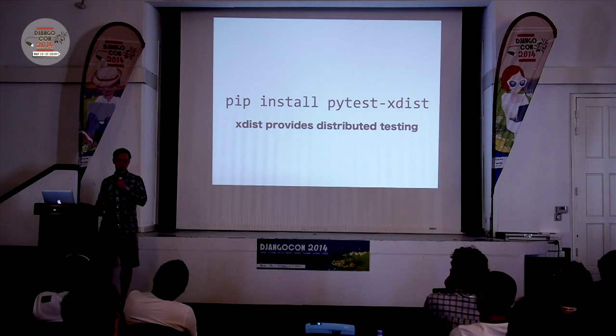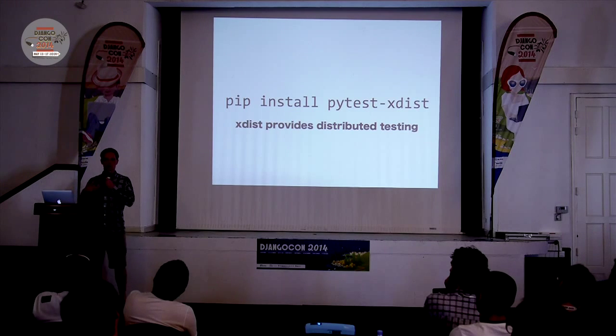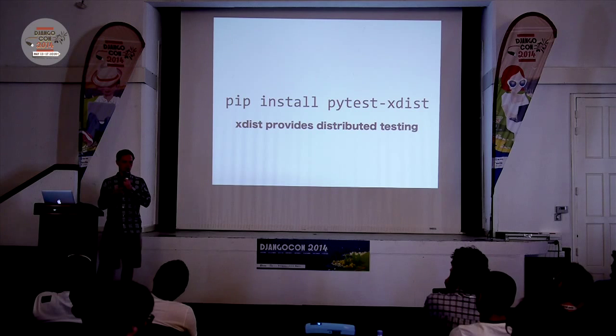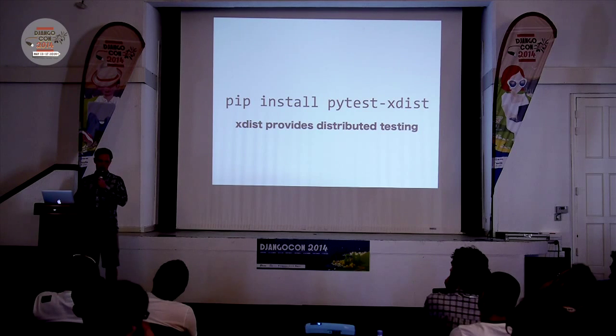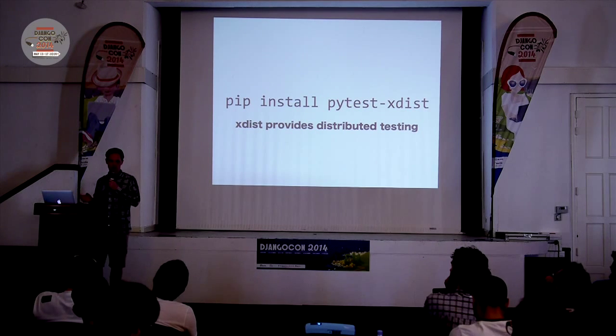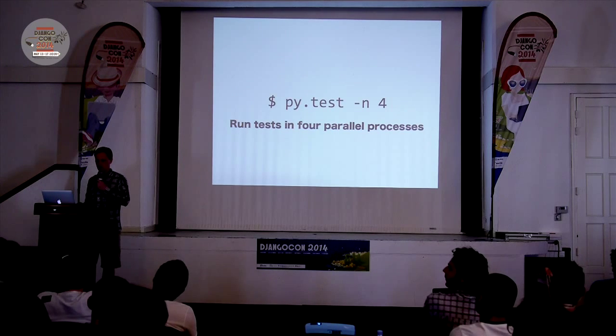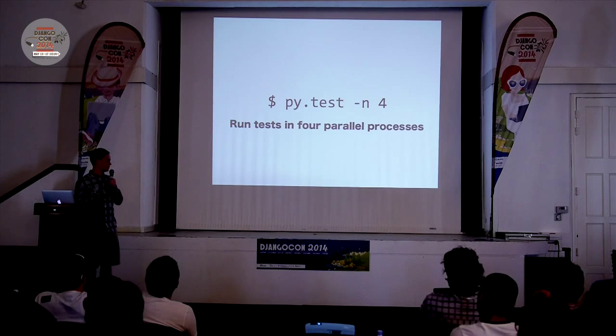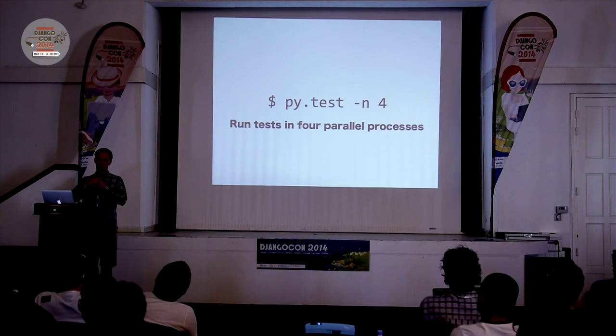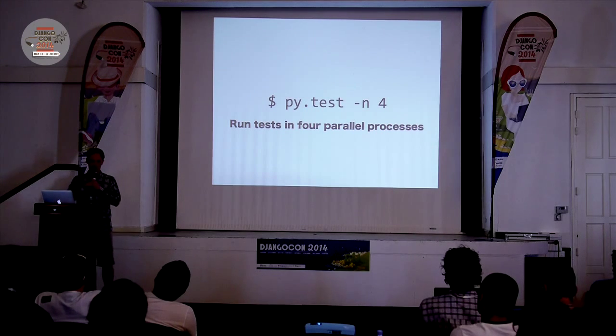It also supports running tests on remote machines, so you can actually distribute tests across other servers if you like, if you have some very complicated setups. But for the usual, simple case, you just install xdist, and then you can just pass -n and the number of processes you want to run simultaneously.